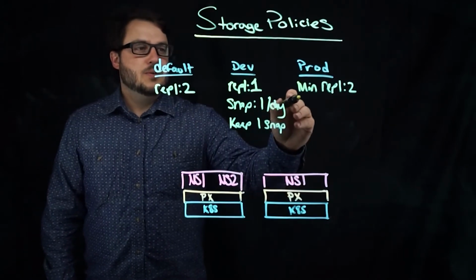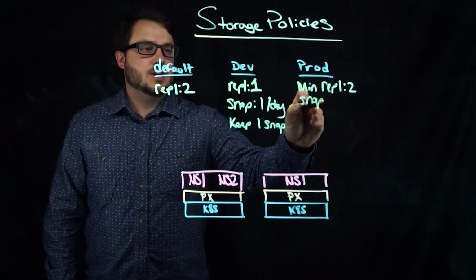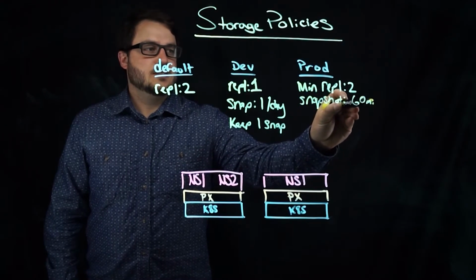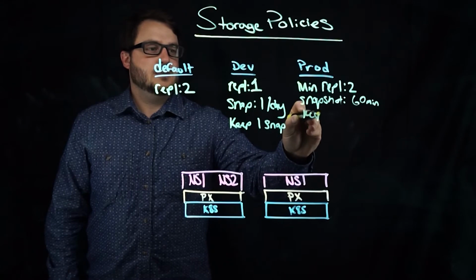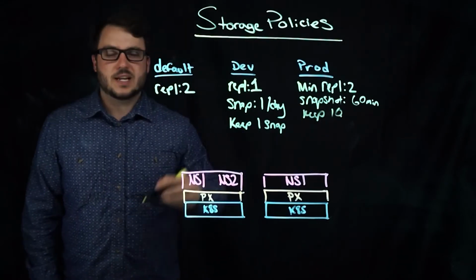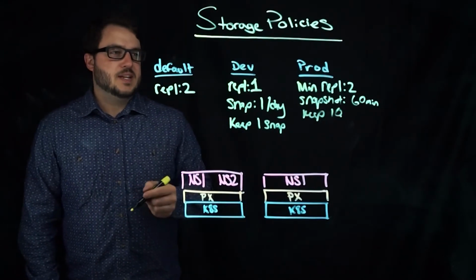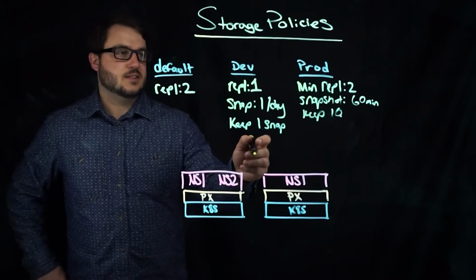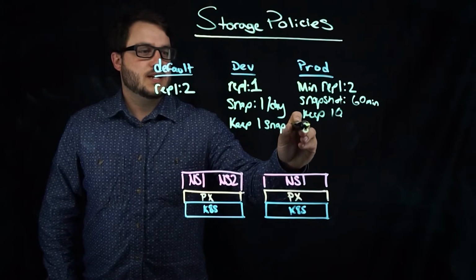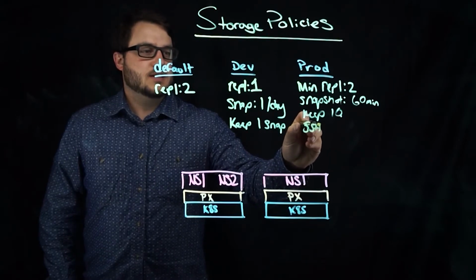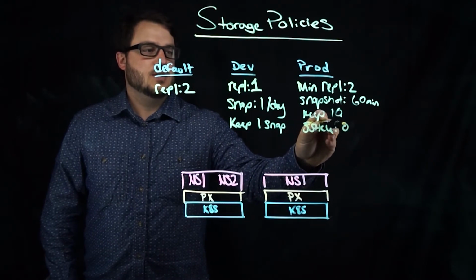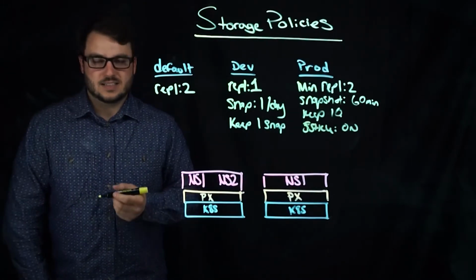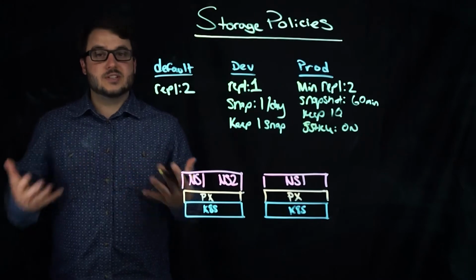We also want to snapshot every 60 minutes, and we want to keep 10 of them, meaning we care more about our data and that we should snapshot more often in case things go wrong. We could also set something like sticky to on, which basically means it's much harder to accidentally delete a volume in production, which is a good thing.